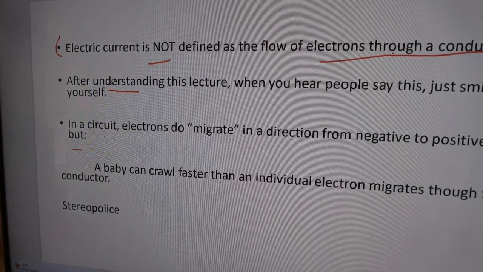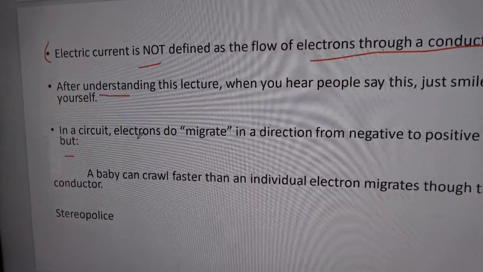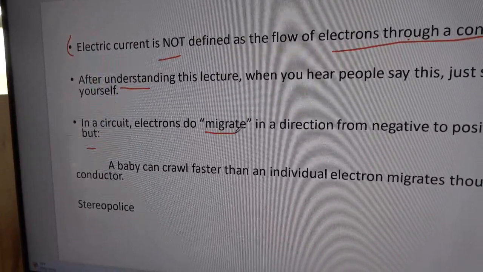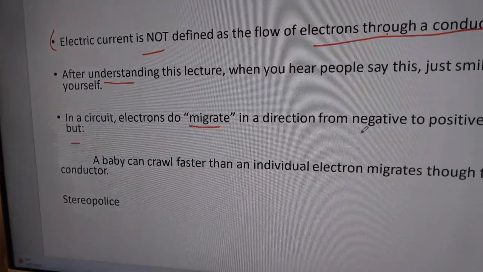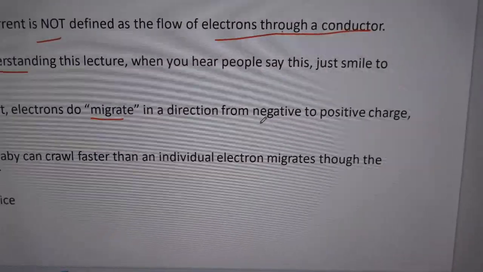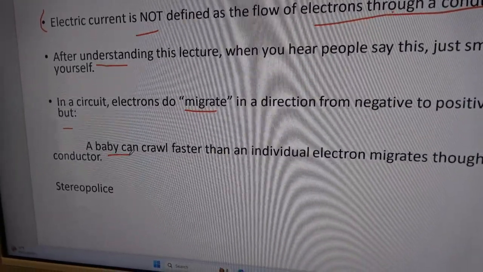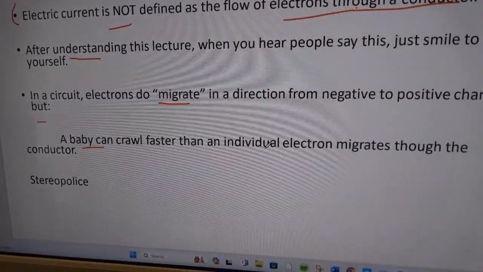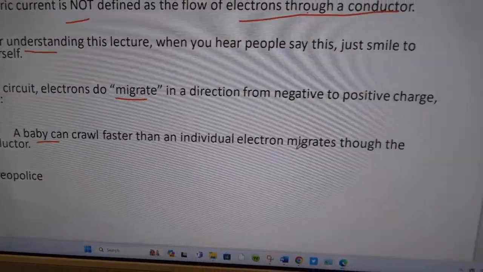Just smile. In a circuit, electrons do migrate in a direction generally from negative to positive charge. But a baby can crawl faster than an individual electron migrates through the conductor.